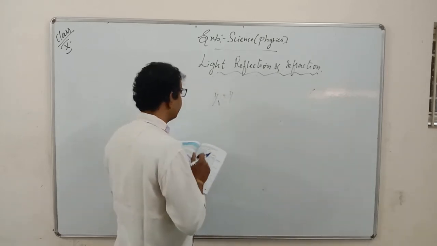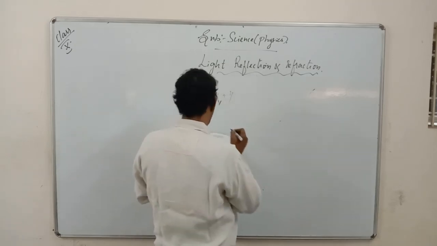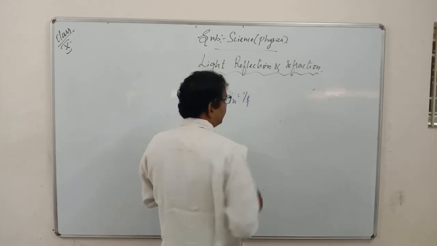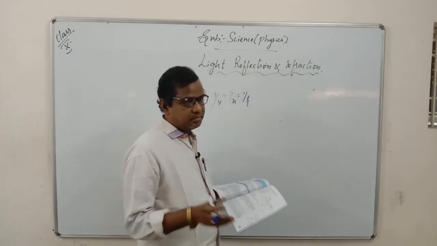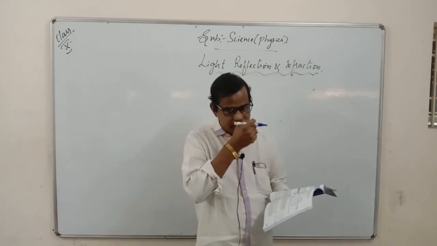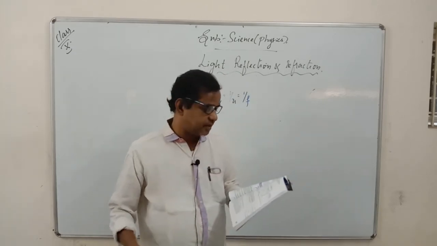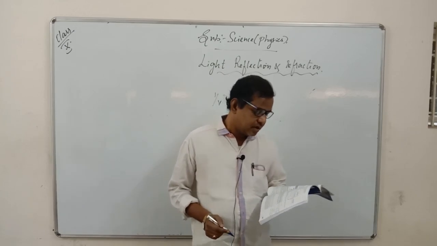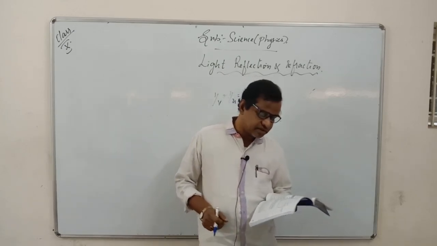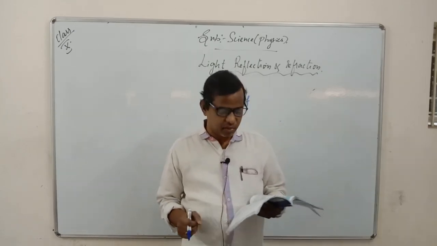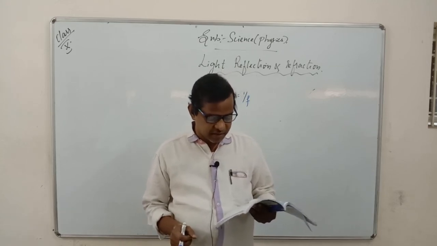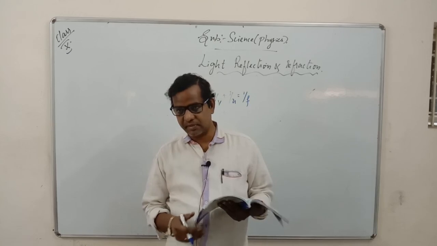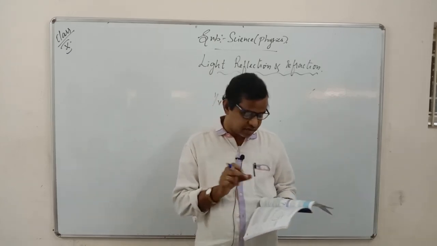He has given the figure there. If it is possible, I will show you through pictures also how the image is formed. The focal length is f, the image distance is v and the object distance is u here. With the object on the left, he has given the new Cartesian sign convention for spherical mirrors, but for this you remember this formula.